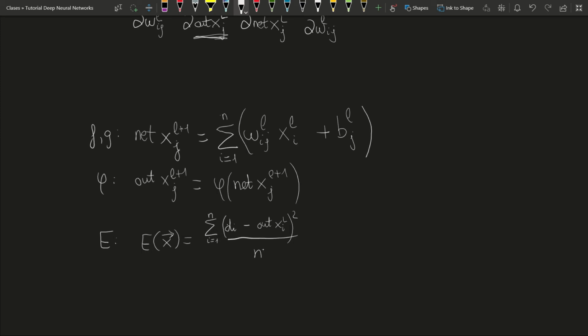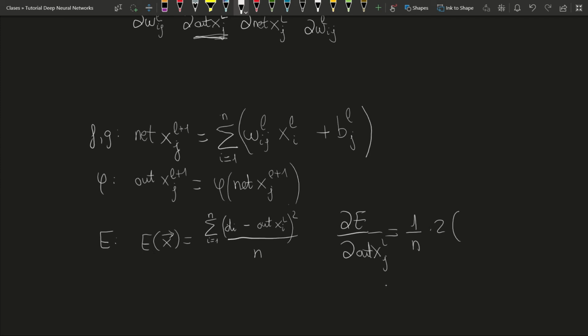So I will put here the derivative of the error with respect to the out, that is this value, in position g_L, will be 1 divided by n, and then multiply by 2, times the derivative of this, where this is the variable and this is a constant.